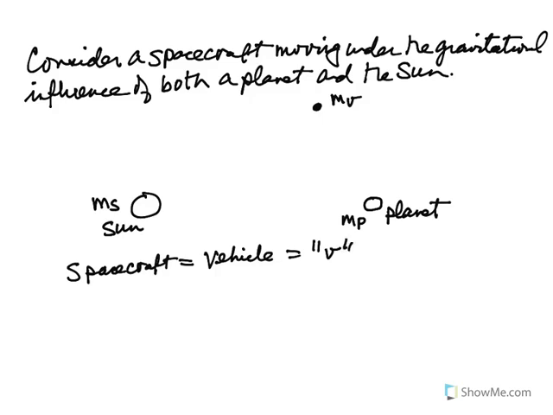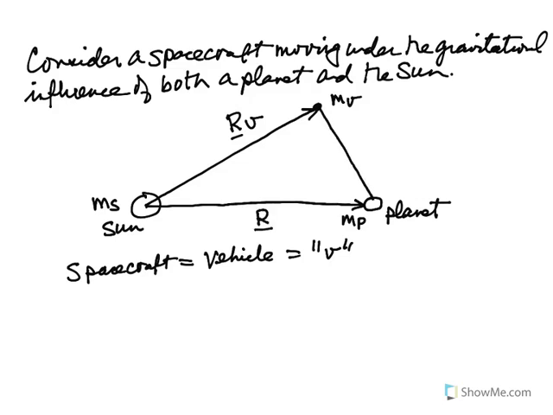Now, I'm going to denote the position of the vehicle relative to the sun with the notation capital R sub v. I'm going to denote the position of the planet relative to the sun as capital R, and the position of the spacecraft relative to the planet as little r.